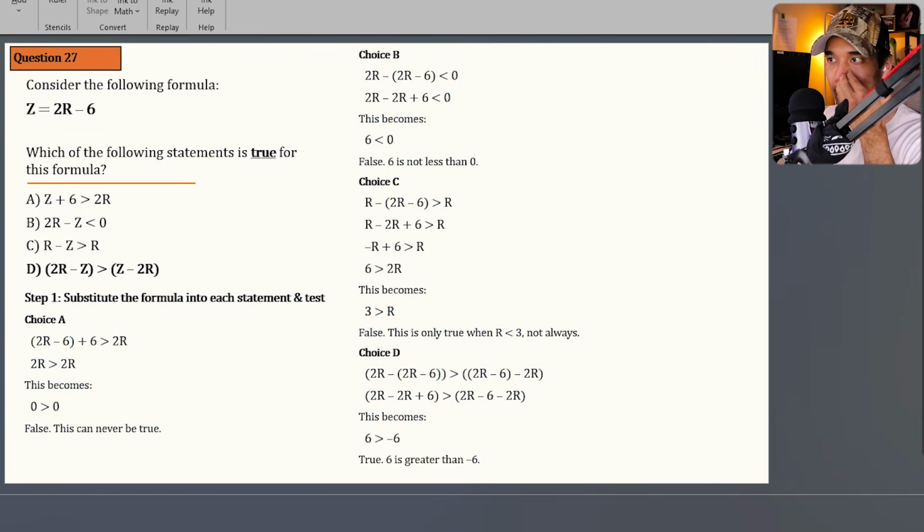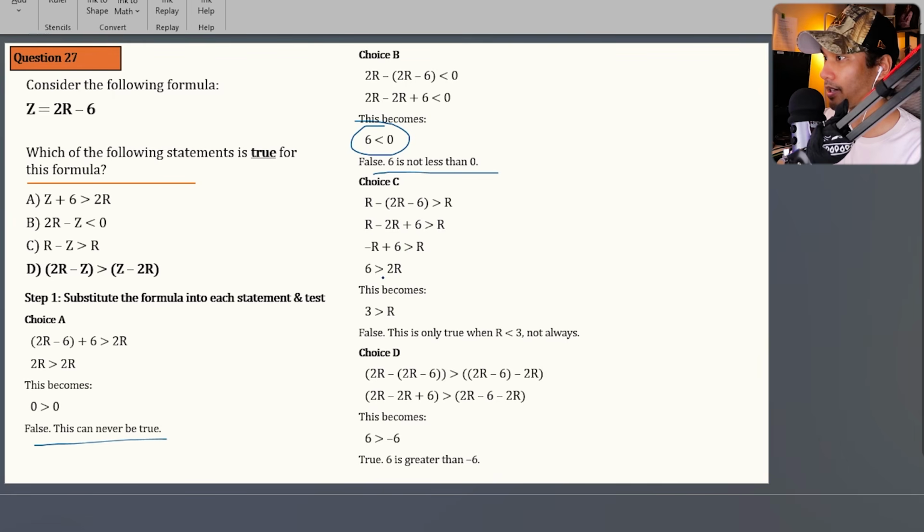So let's see what we have on the slides. So we have 2R minus 6. Okay, 2R over 2R, this becomes 0 is greater than 0. And this is false, never can be true. Choice B, we have 2R minus 6. Okay, blah, blah, blah. Then we get 6 is less than 0, and that cannot work.